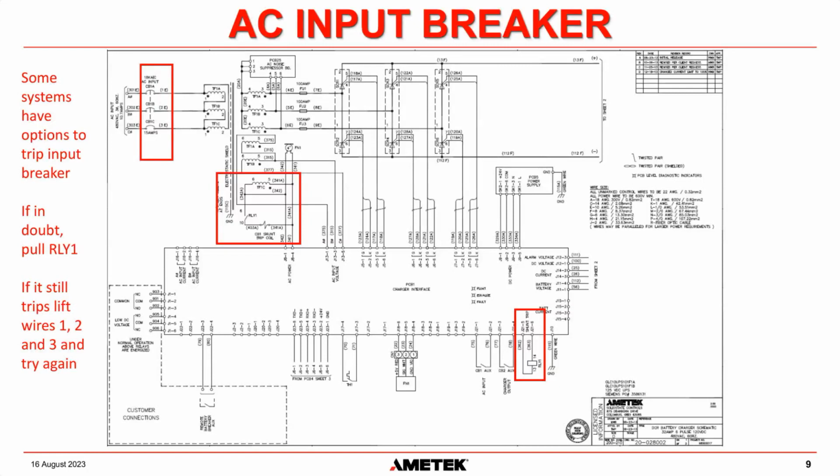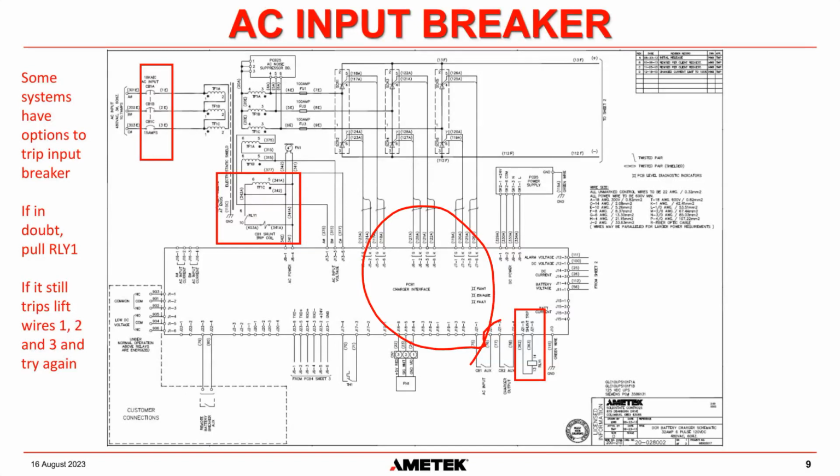But what I always like to tell people first is most manufacturers, and AMETEK solid-state controls in particular, have methods to trip that breaker to protect the system for certain reasons. On the page here, there are 3 boxes, and you can see in the far bottom right-hand corner a shunt trip relay that is connected to our control board.